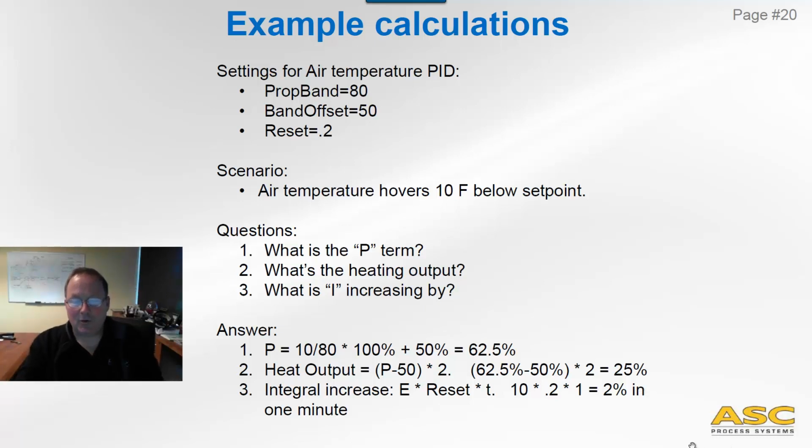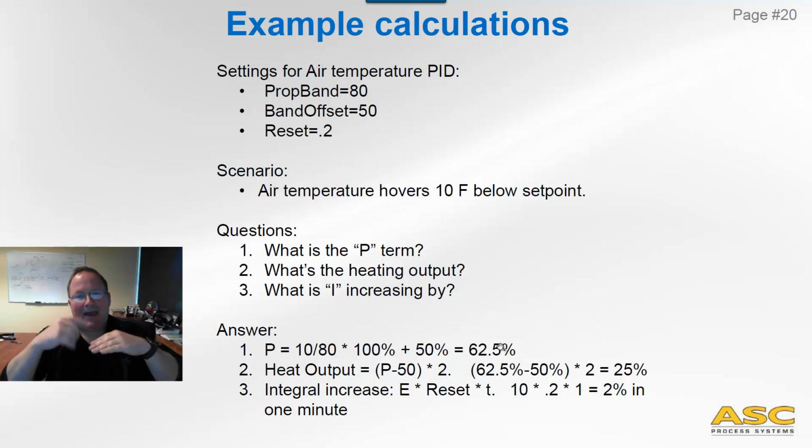So although my P term is 62.5, every minute it's going to be adding 2% more. After 1 minute, it would be 64.5. After another minute, it would be 66.5, and so on.